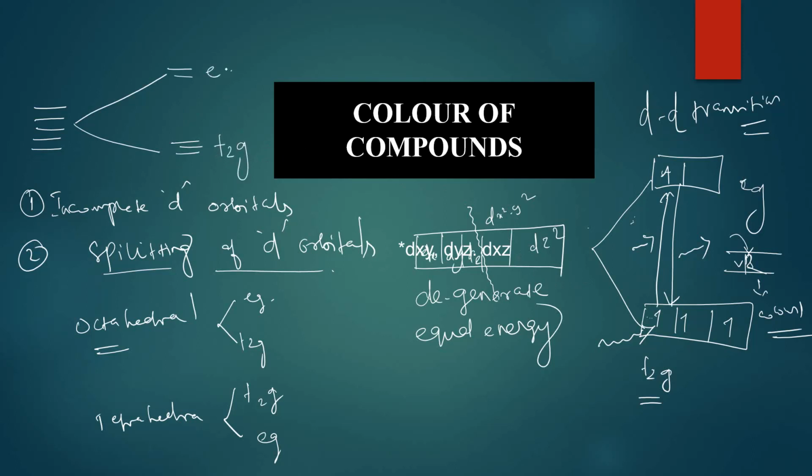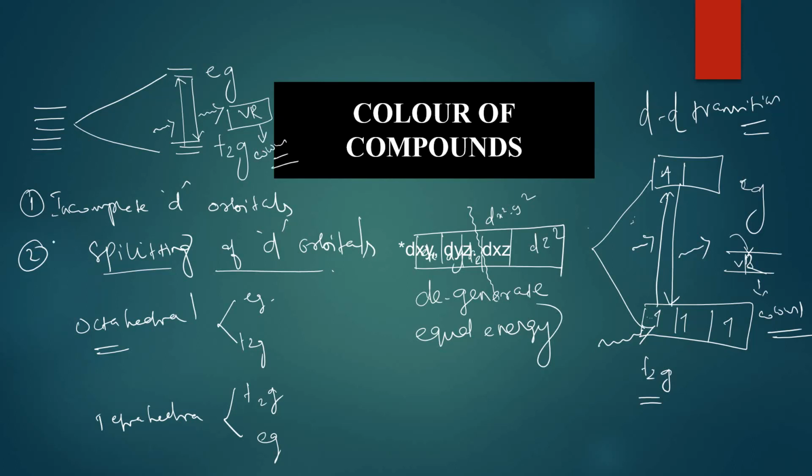This is called Eg or doubly degenerate. When the electron in the lower energy state absorbs a photon, it rises to the higher energy level, and after some time, when it returns to the lower energy level, it emits the energy absorbed. When this energy falls in the visible region, it shows us a color.